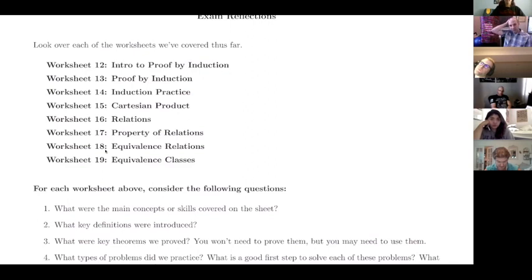I'll just say that when you're practicing and preparing for this exam, it's not one of the subjects where you can just practice a bunch of problems and that's going to get you ready, because the problems that we've done, you're not going to see those same exact things again.